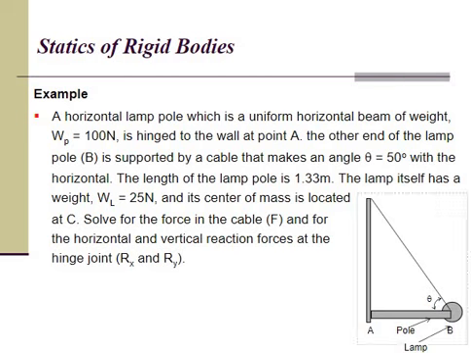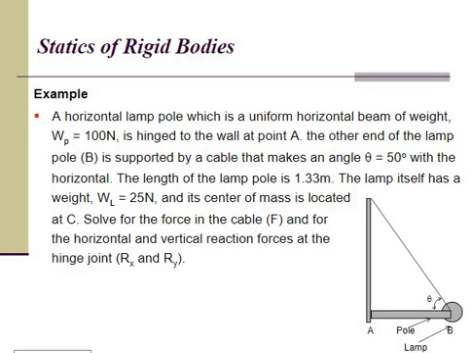So here, tension could happen because the cable is pulling the pole upward at an angle of 50 degrees. The length of the pole is 1.33 meters, so distance AB equals 1.33 meter. We have the weight of the lamp itself of 25 Newton.